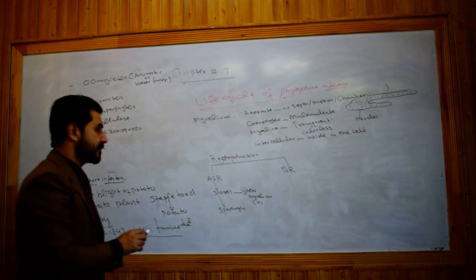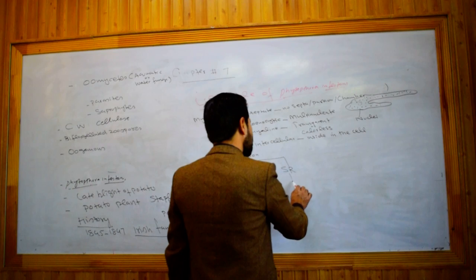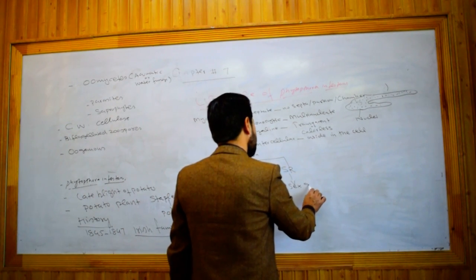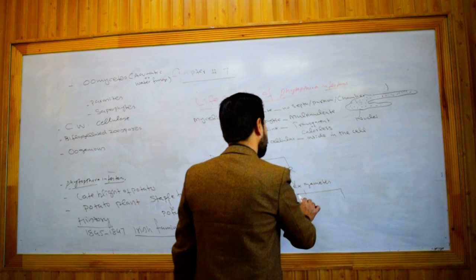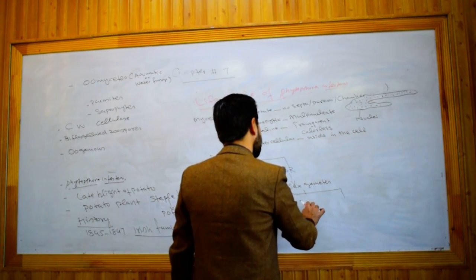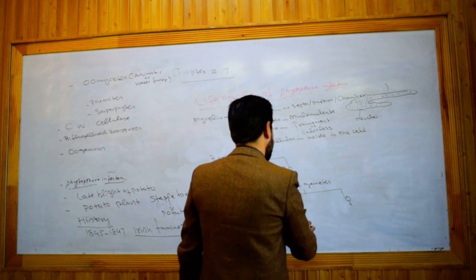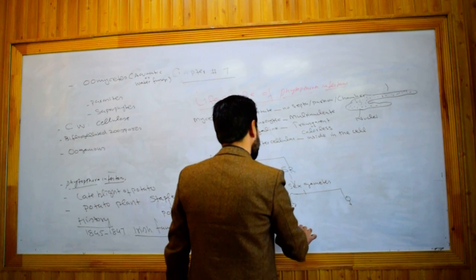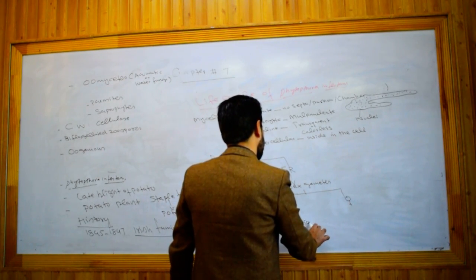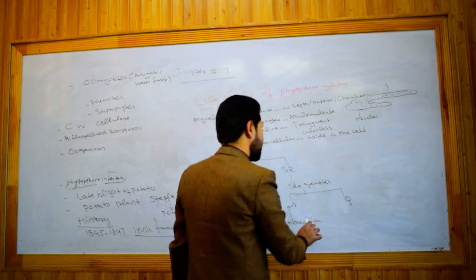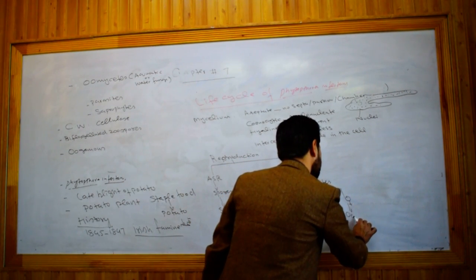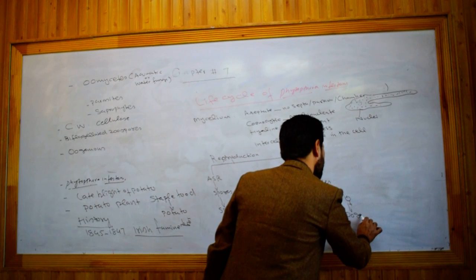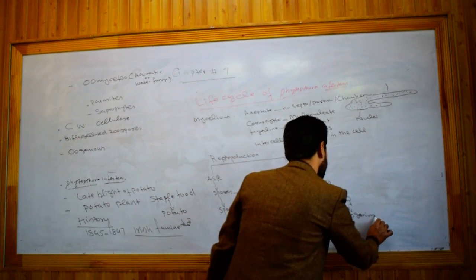While in sexual reproduction, sex gametes are produced. That is, two types of gamete: male gamete and female gamete. Male gamete is called antheridium, while female gamete is called oogonium.